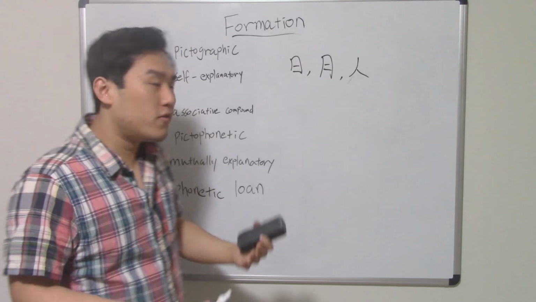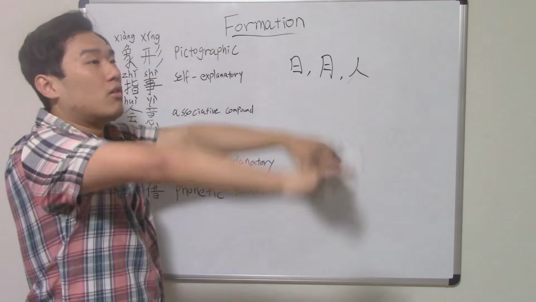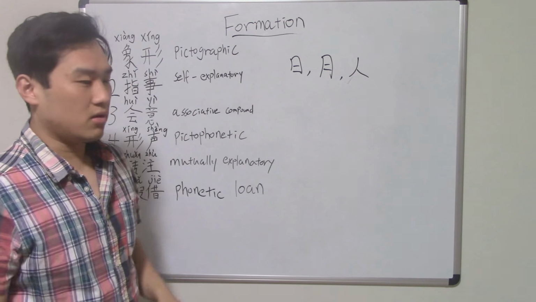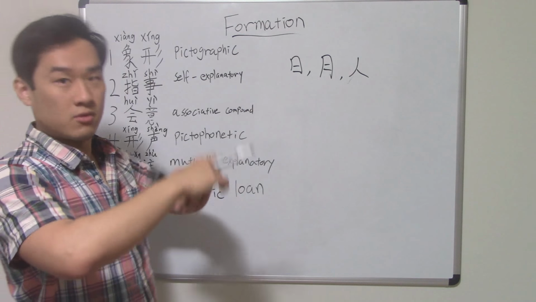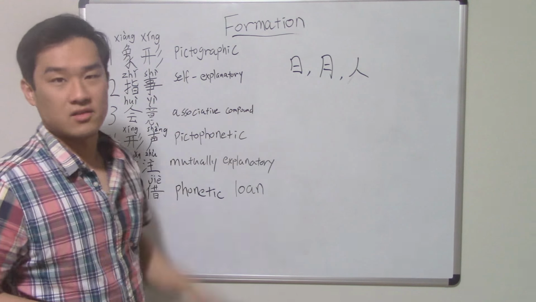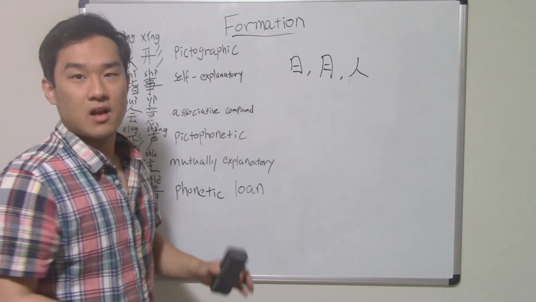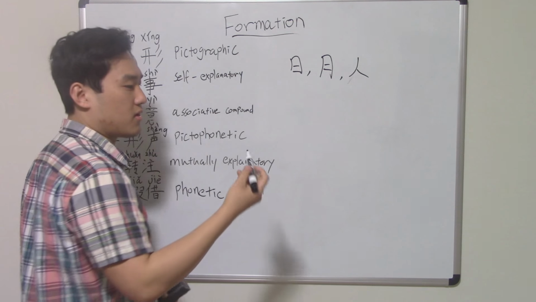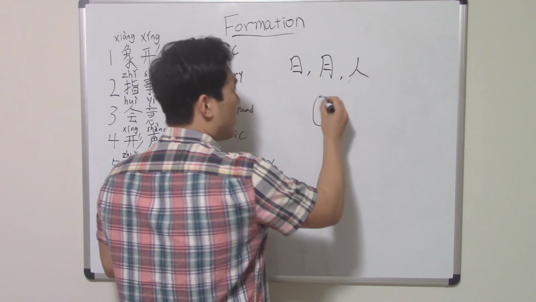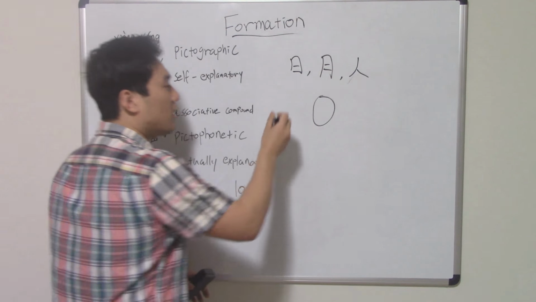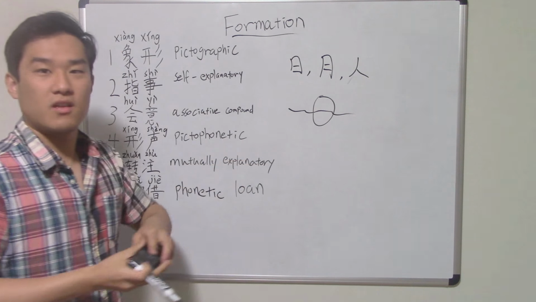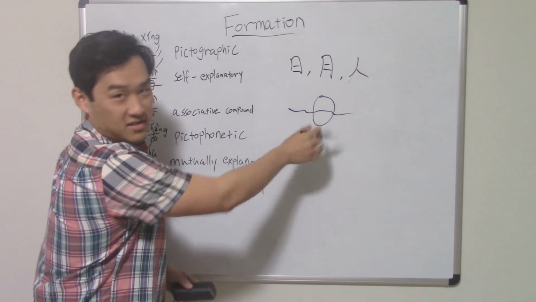So how did they evolve? Thousands of years ago, when there weren't really words, people tried to create words. They looked at the sun and said, we want to represent the sun. How do we do that? We just draw a picture, right? There's a sun rising above the horizontal line, and it looks like that.